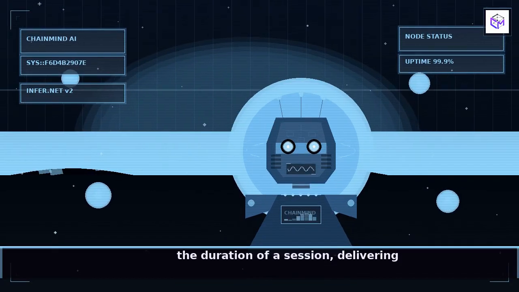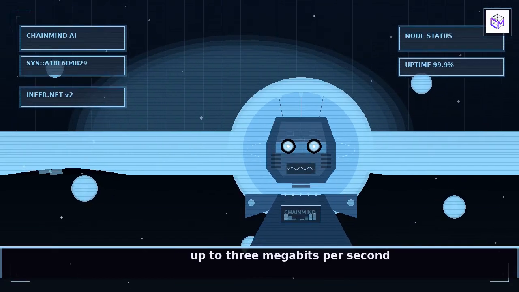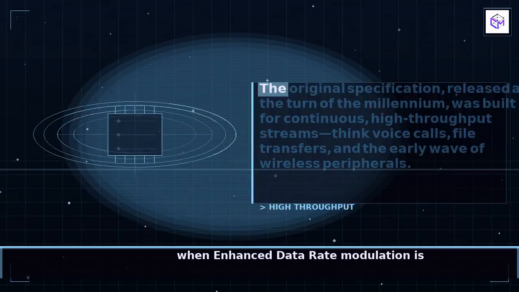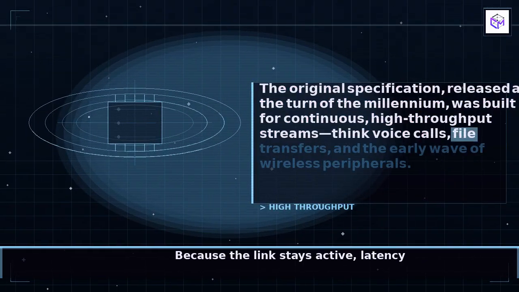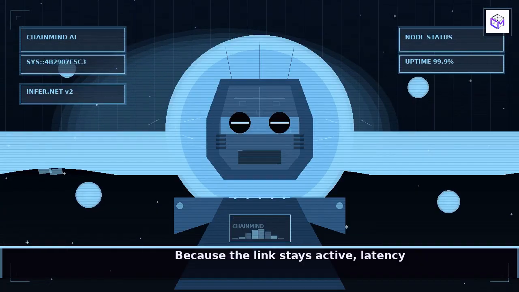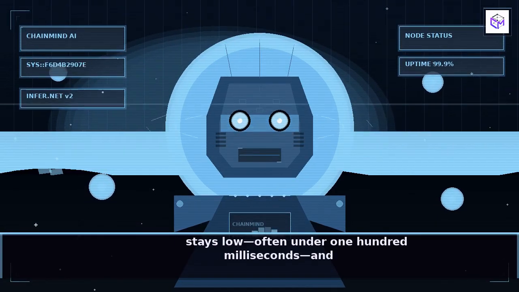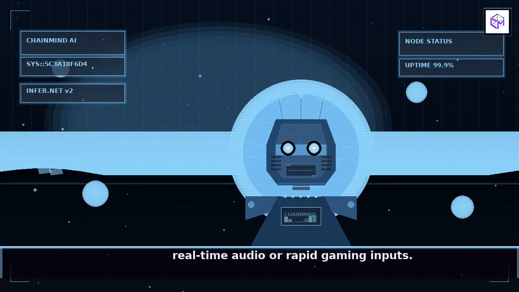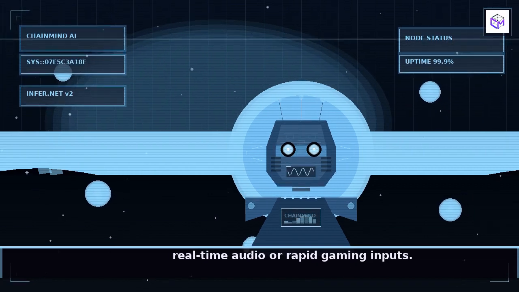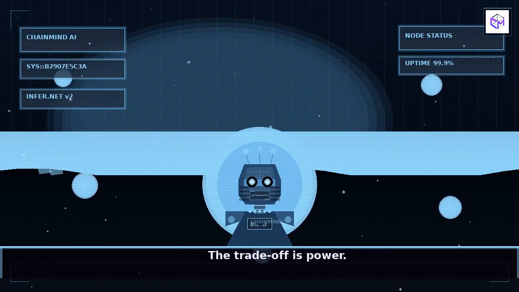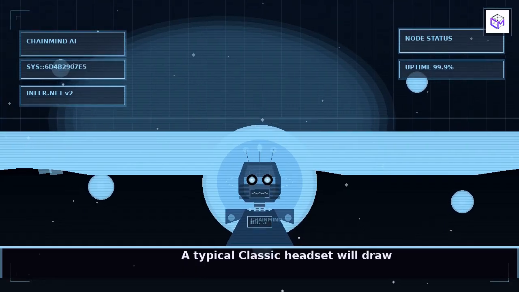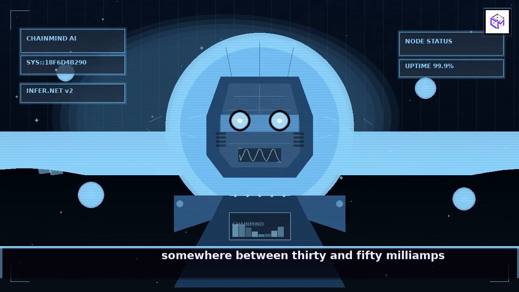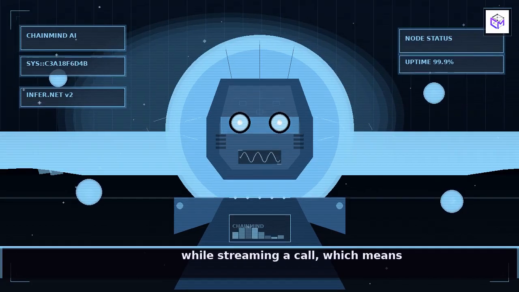Because the link stays active, latency stays low, often under 100 milliseconds, and the connection is reliable enough for real-time audio or rapid gaming inputs. The trade-off is power. A typical classic headset will draw somewhere between 30 and 50 milliamps while streaming a call, which means a rechargeable battery is required and you'll see a few hours of runtime at best.